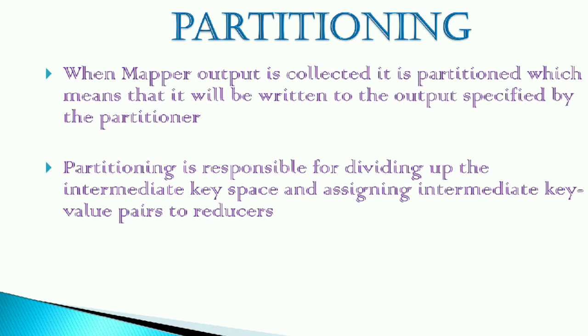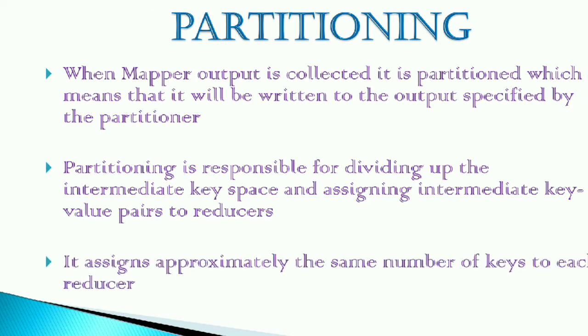In other words, the partitioner specifies the task to which an intermediate key value pair must be copied. The simplest partitioner involves computing the hash value of the key and then taking the mod of that value with the number of reducers. This assigns approximately the same number of keys to each reducer, dependent on the quality of the hash function.